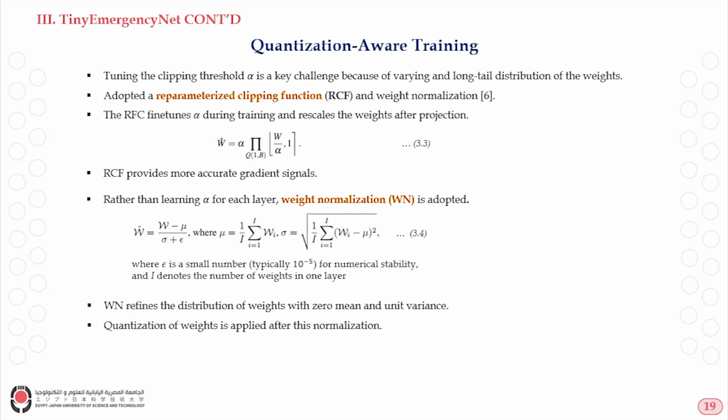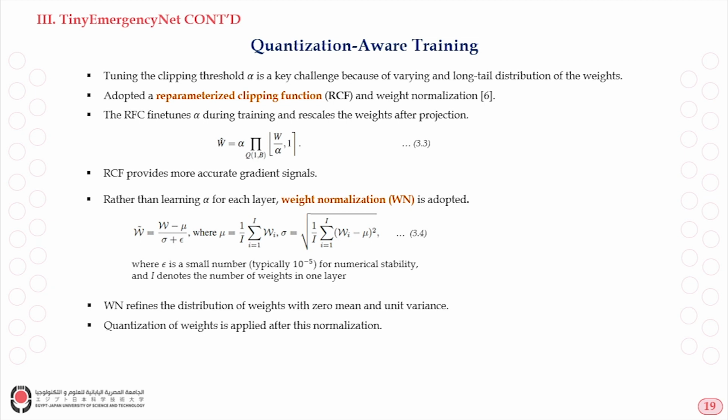And the other issue that we try to address is that the range of weights varies from one layer to another. You find that in layer 1 of the model, the weights vary differently than the next layer. So maybe if layer 1 has -5 to 5, layer 2 has -2 to +2.